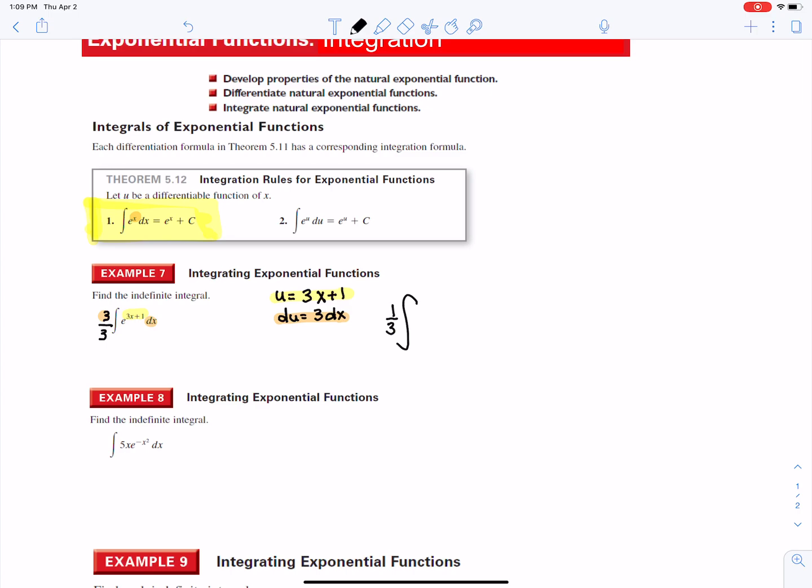That 1/3 can be on the inside or outside, e to the u du, and then based on this little theorem here, the integral of e to the u is just e to the u. So this is 1/3 e to the u plus our arbitrary constant. And then I sub back my u with x's, e to the 3x plus 1 plus c.